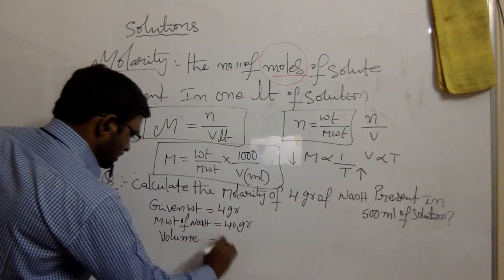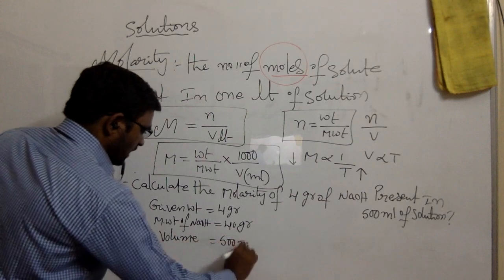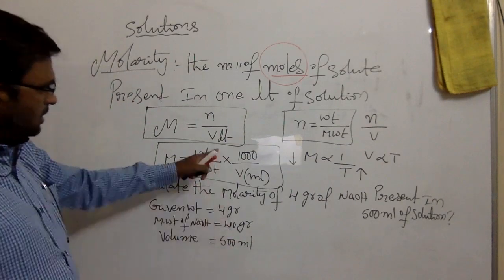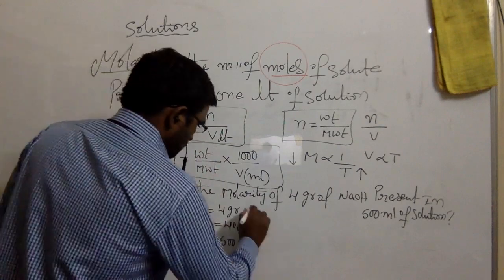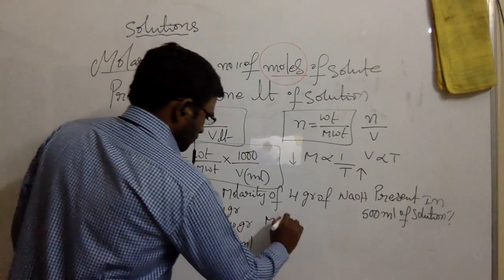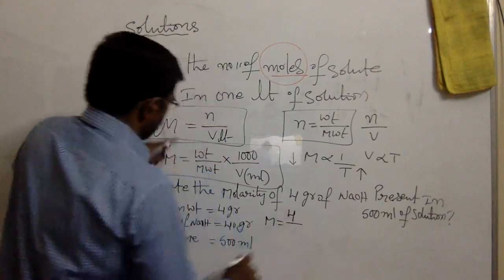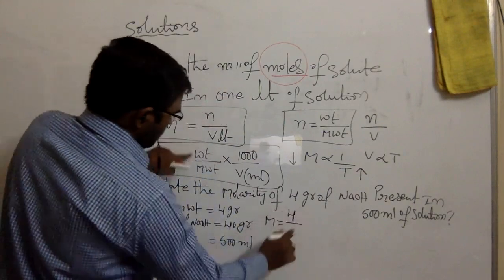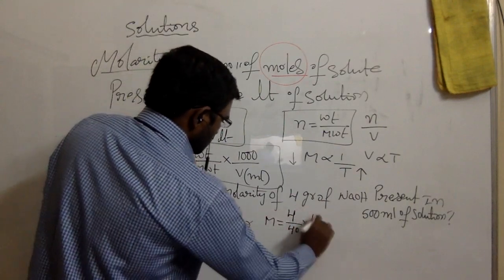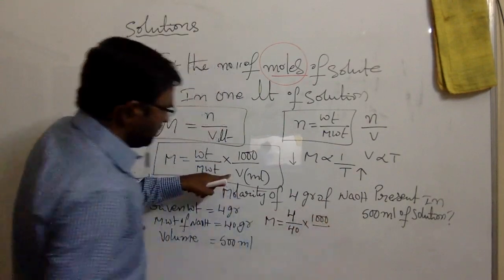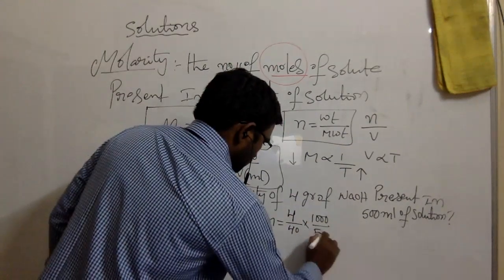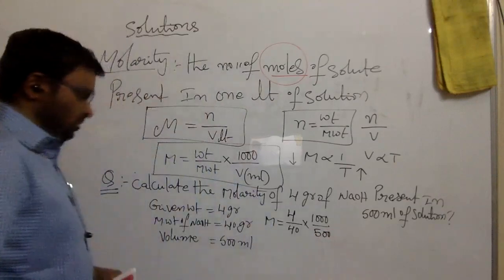Volume of solution is equal to 500 ml. So these values are substituted in the formula. Remember it, the formula is more important. Molarity is equal to weight by molecular weight of sodium hydroxide into 1000 by volume of solution in milliliters. The given volume is 500.